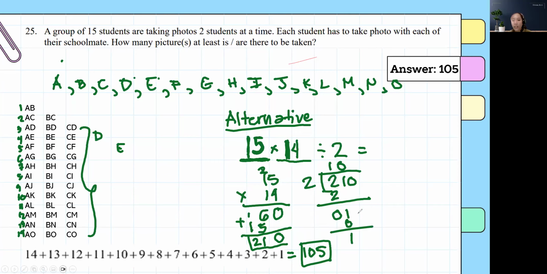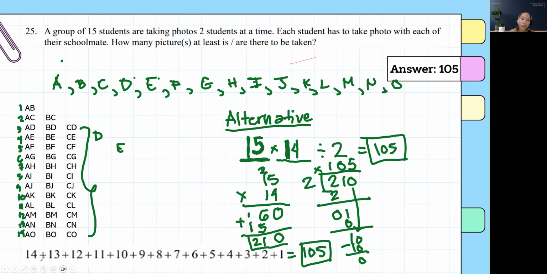Bring down the 0. 10 divided by 2 is 5. 5 times 2 is 10. 10 minus 10 is 0. So that means we stop our division. So 15 times 14 divided by 2, that's 105. Look, we had the same answer. So if you want to have the shortcut method, but it involves multiplication and division, that's also okay.